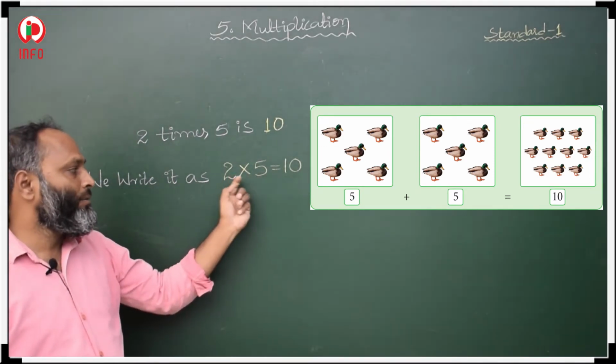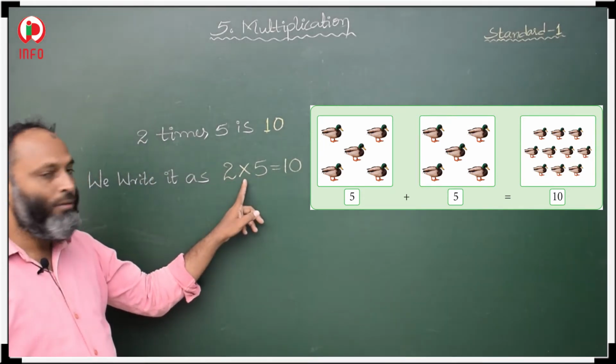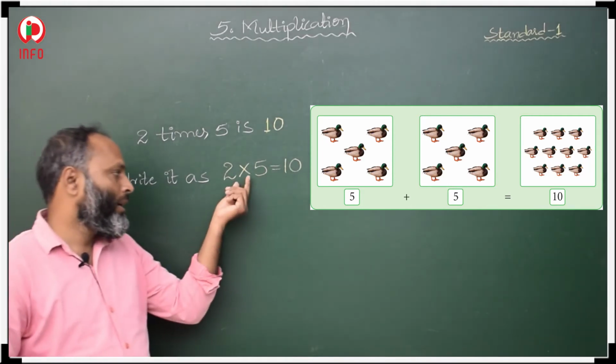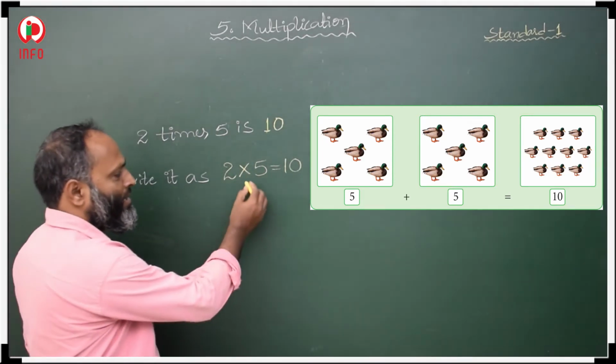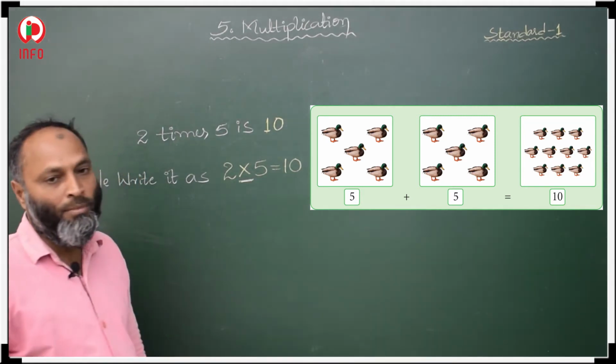2 fives are 10. The number of times we take the number comes first, and this cross symbol is the multiplication symbol. How can we represent multiplication?